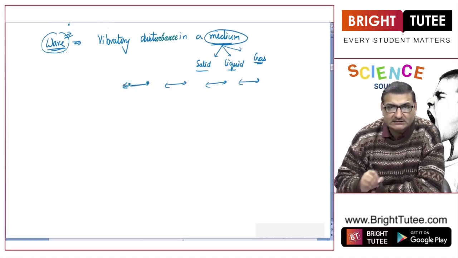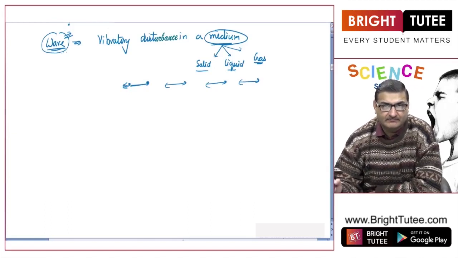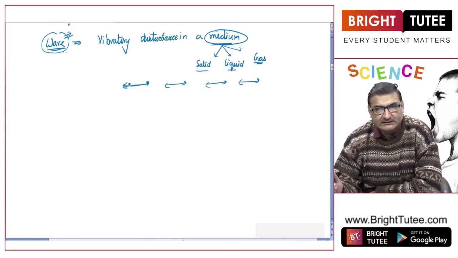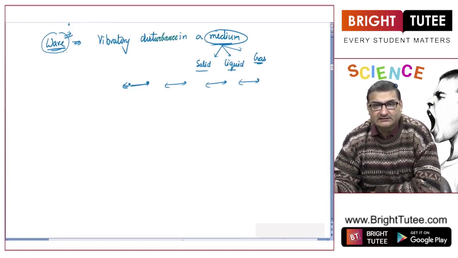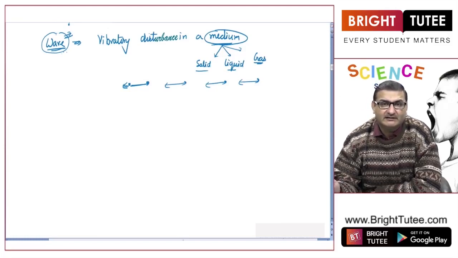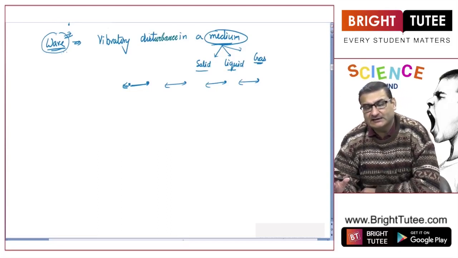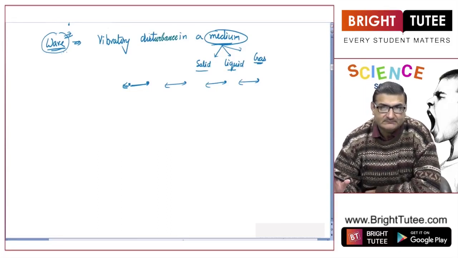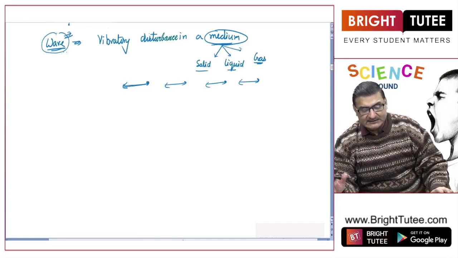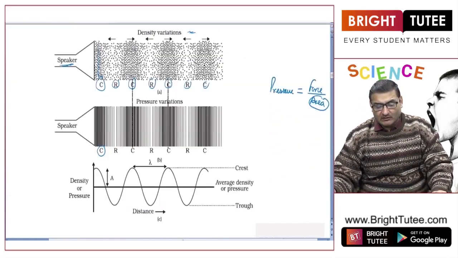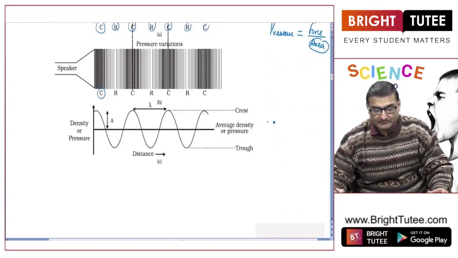The particles are not moving along with sound, right? The vibration is carried. So a wave carries energy only; it does not carry mass or the particles along with it.